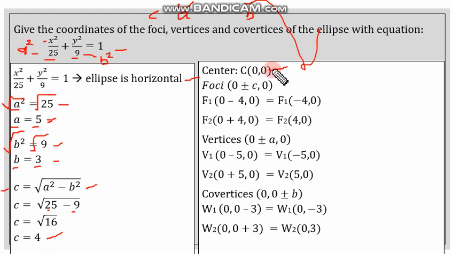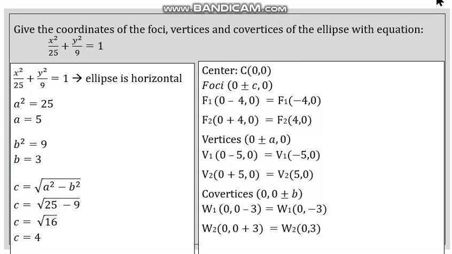So from the center, we will count the values of the foci, vertices, and co-vertices. For a, that is for vertices. For c, that's for foci. And for b, that's for co-vertex.